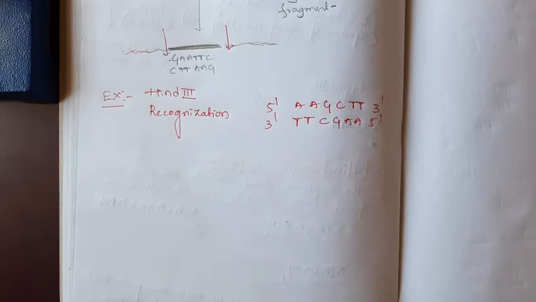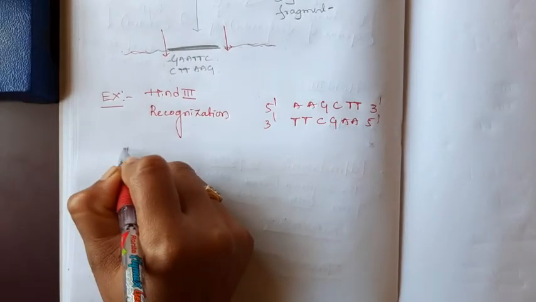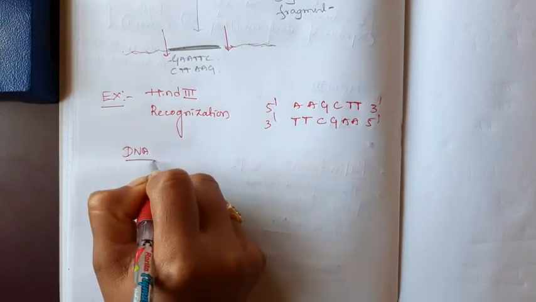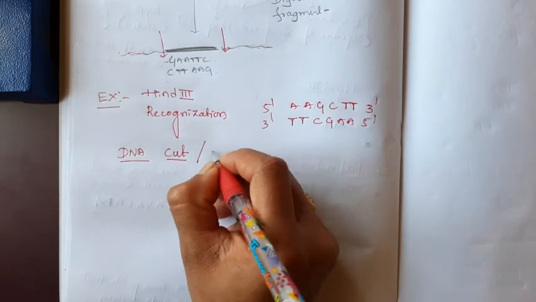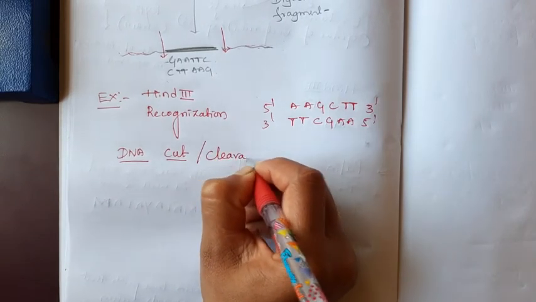We already know that the restriction enzyme function is to digest the DNA, or cleave the DNA, or cut the DNA. In that function also it has variety, meaning it will cut the DNA in two patterns. Depending on that pattern, I will write here: DNA cut or cleavage pattern.